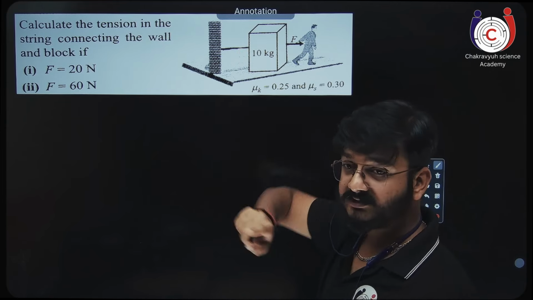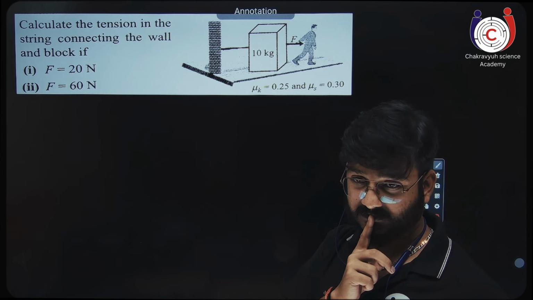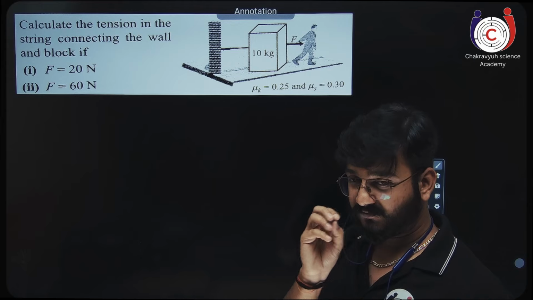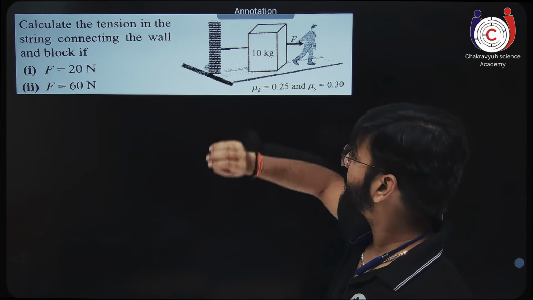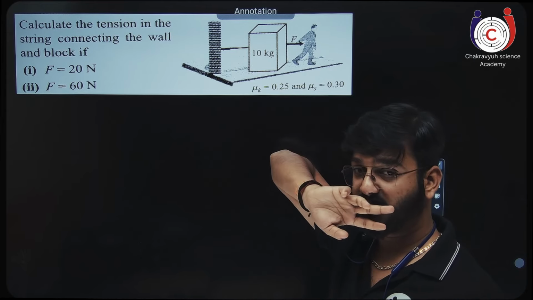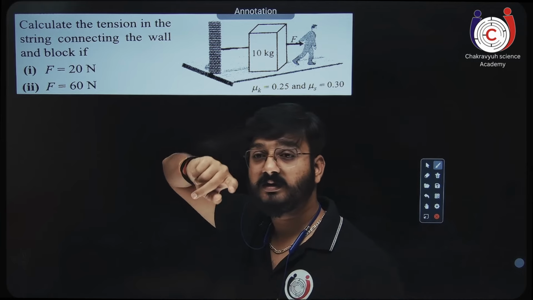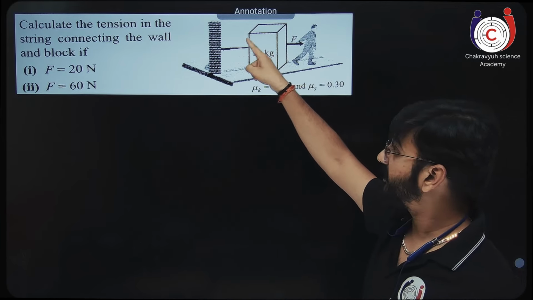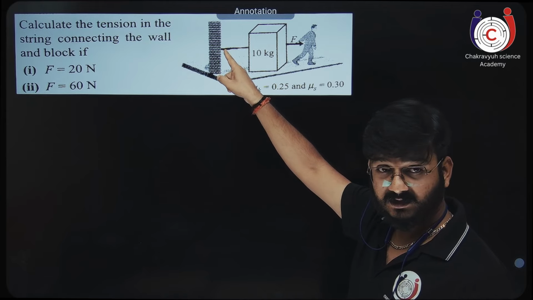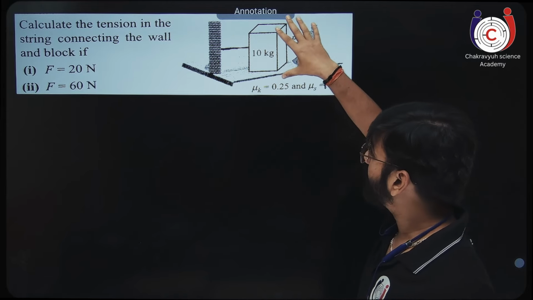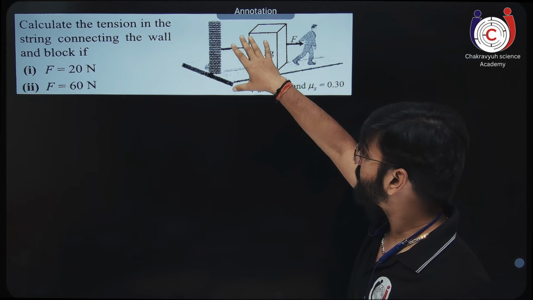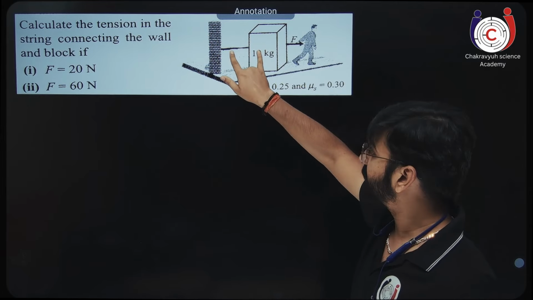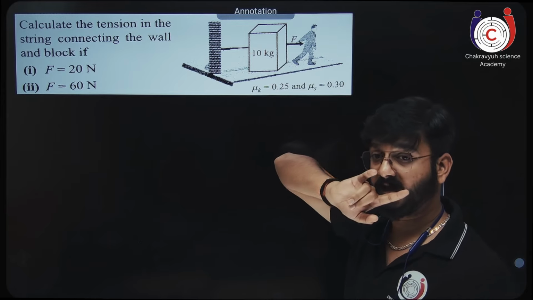Will there be tension in this string? Why? My question is, will there be tension in this string always? No. Why? I'm pulling it, right? I'm pulling the block, and the block is connected to the string, right? So if I am pulling the block and the block is connected to the string and the string is connected to the wall, will this string be tight always?